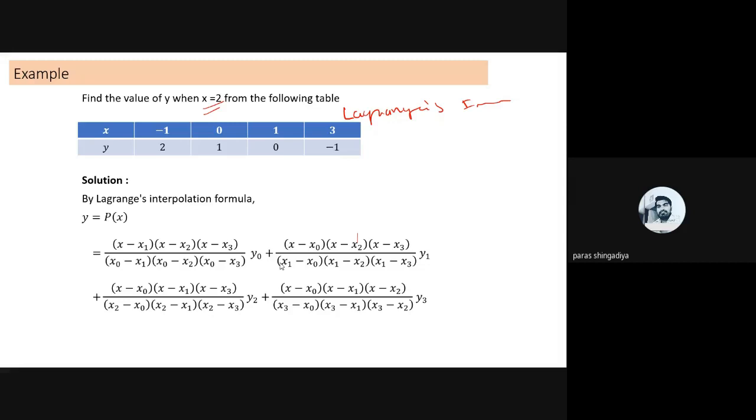You can mention the notations here if required. It is x0, x1, x2, x3. First we start with x0, then x1, and the y values are y0, y1, y2, y3. So this formula we have, that is the Lagrange interpolation. Now replace the values and check each step. Multiply y0 to the first term, y1 to the second one, y2 to the third one, and y3 to the fourth one, and then add the total.